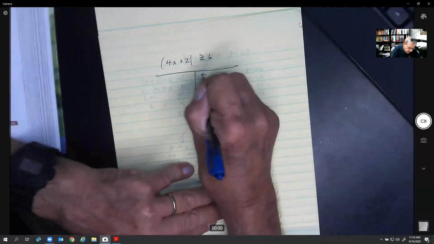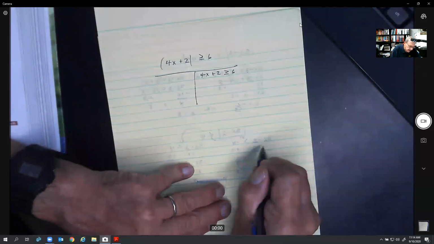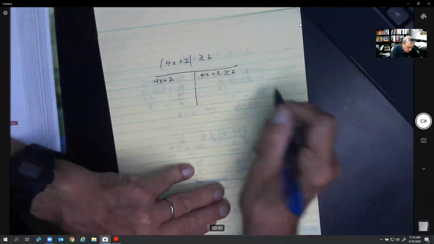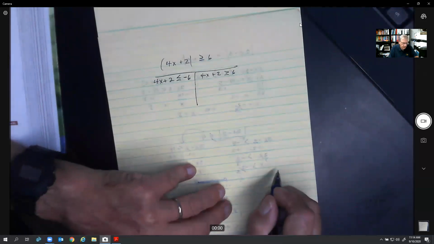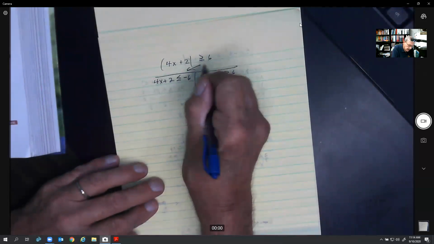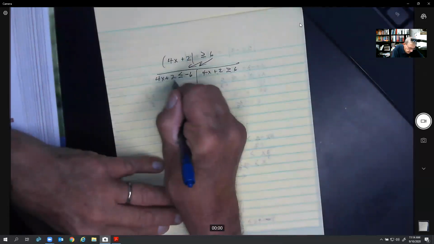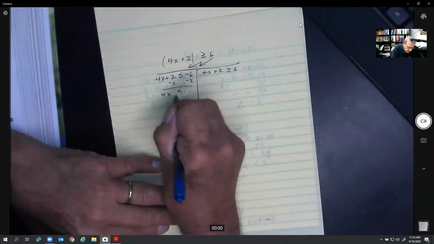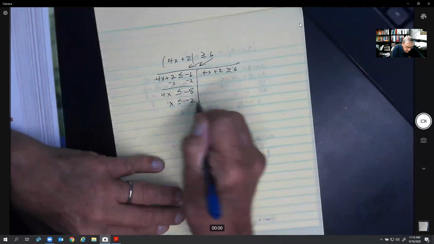I like to do a little t thing. 4x plus 2 is greater than or equal to 6, and then the opposite. 4x plus 2, and you could do the same thing on less than or equal to -6. Reminds me to switch and switch. Now I solve it. -2, -2, -8. Still less than. X is less than -2.